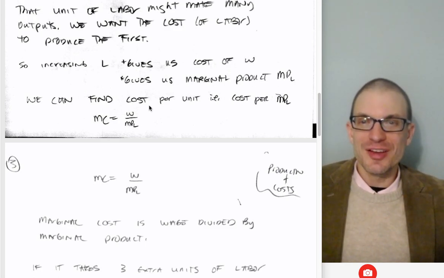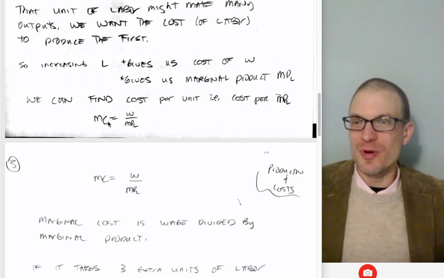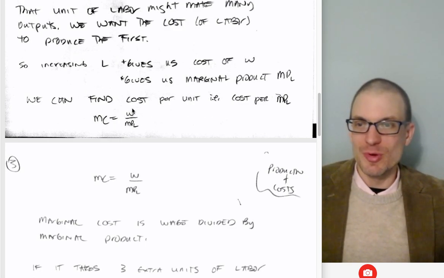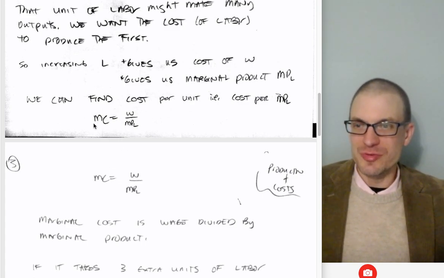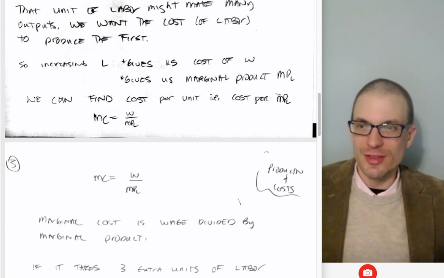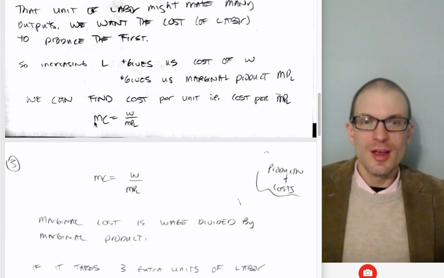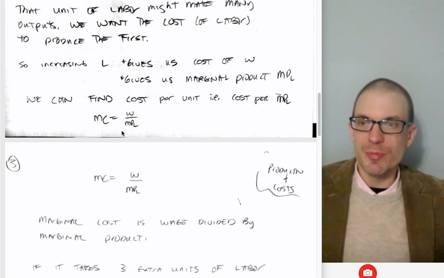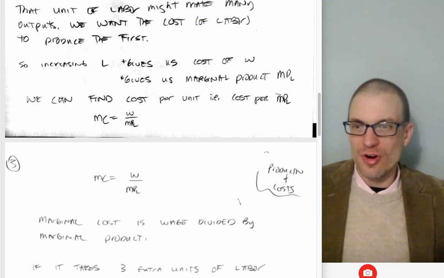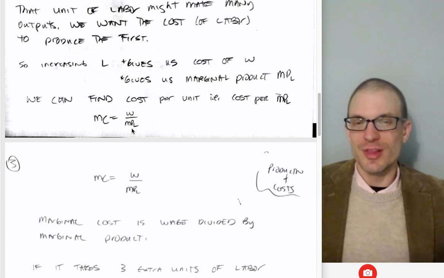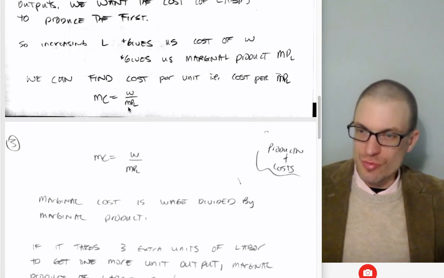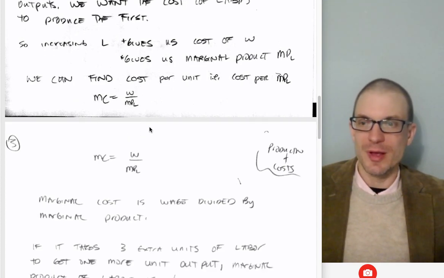We can find the cost per unit: the cost per MPL is just going to be marginal cost, the wage divided by MPL. Cool, so we have this nice relationship: marginal cost is wage over MPL. This is driving home the idea that our costs are coming from our production technology. It's our production technology that determines my marginal product of labor, because this is the derivative of my production technology with respect to L.